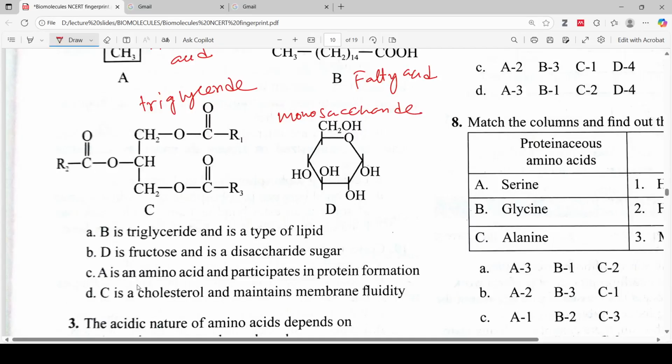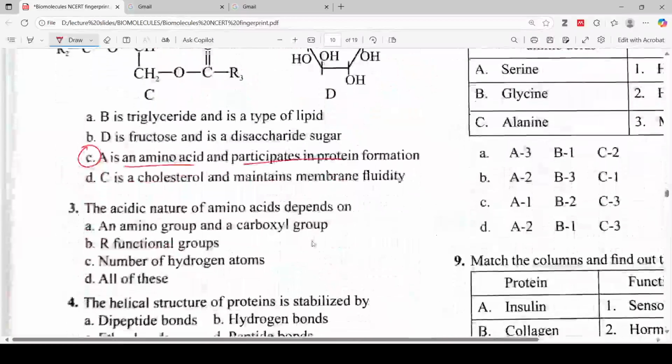You have to choose the correct answer. A is amino acid and participates in protein formation. D is a fructose, and so the correct answer for this question is option C. Let's move to the next question.